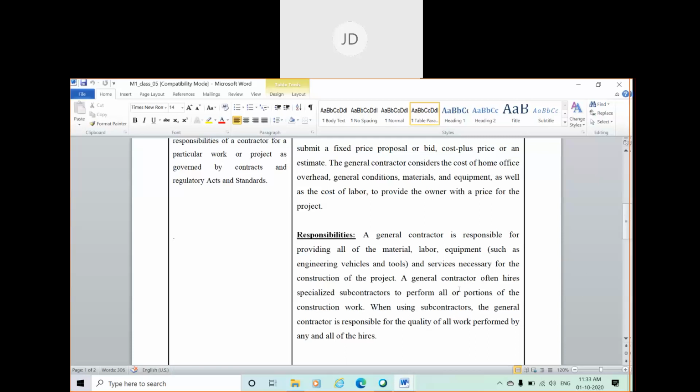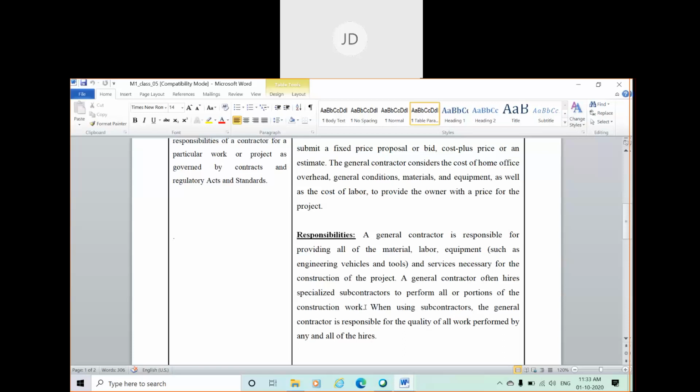A general contractor often hires specialized subcontractors to perform portions of the construction work. A contractor can also hire a subcontractor.